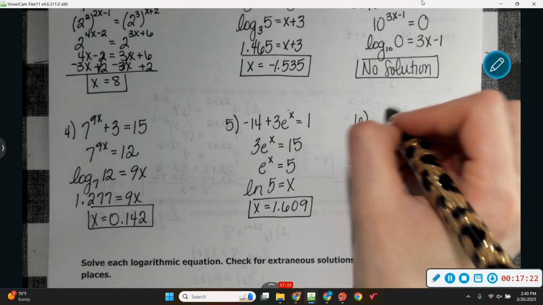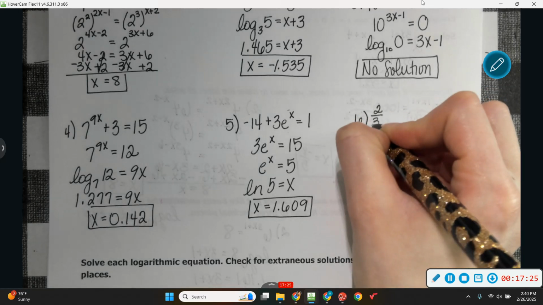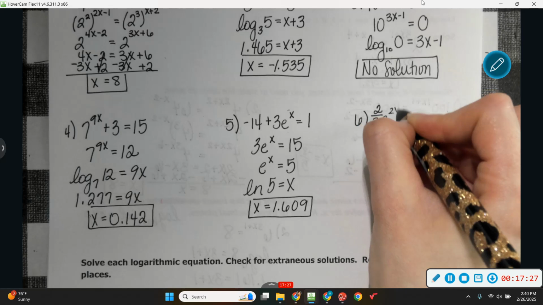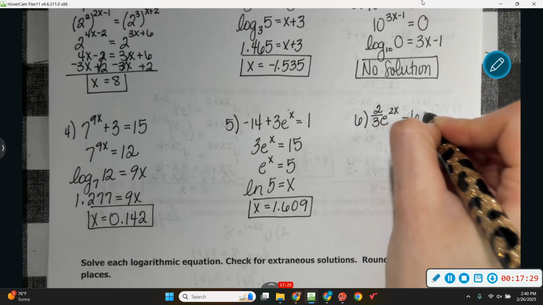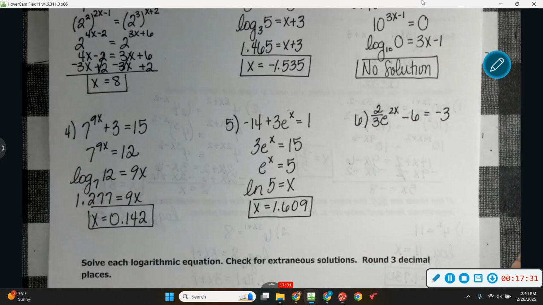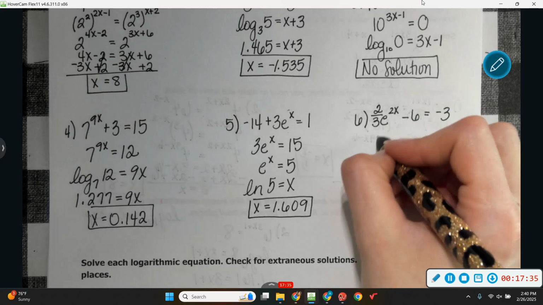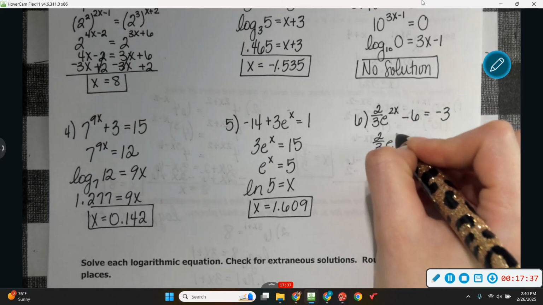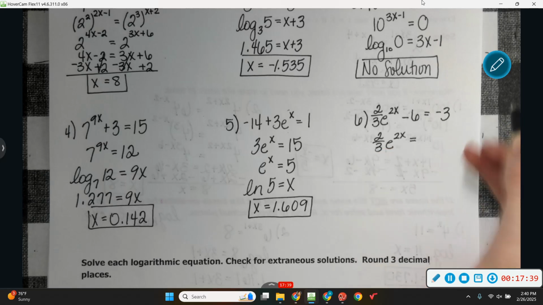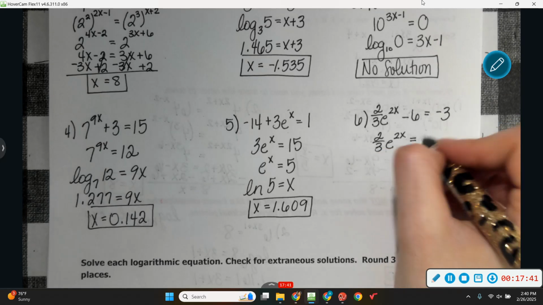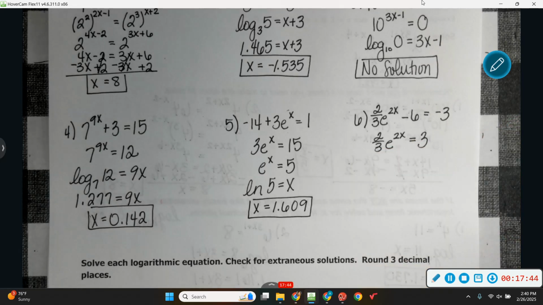Okay, and then our last one for this section, if we have 2/3 e to the 2x power minus 6 equals negative 3. So I'm going to get e to the 2x by itself by first adding 6. So I have 2/3 e to the 2x power equals negative 3 plus 6, which is going to give me a positive 3. And then remember, to get rid of a fraction, we never divide by fractions.